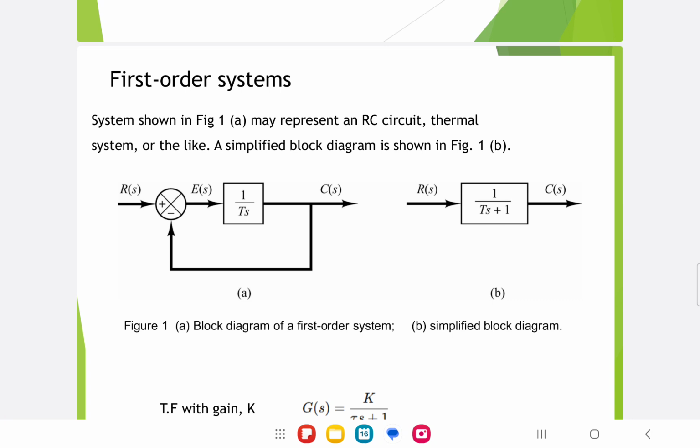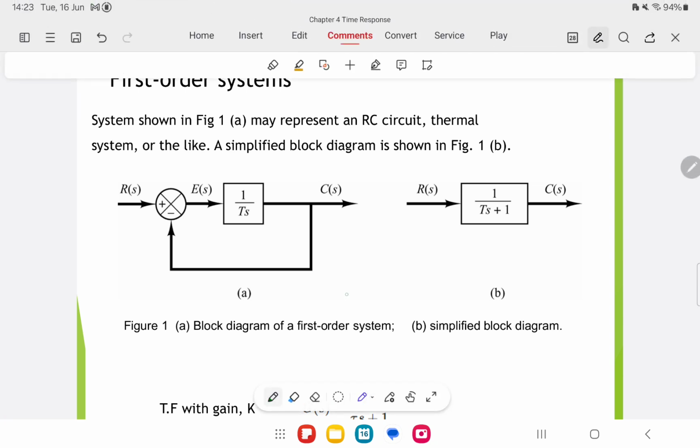Also, if we have a larger overshoot, the system is also not stable. Overshoot means, let's say we have a system, where is the overshoot? The overshoot is here. Actually we only want it like this, but the overshoot is when it shoots wrongly first.